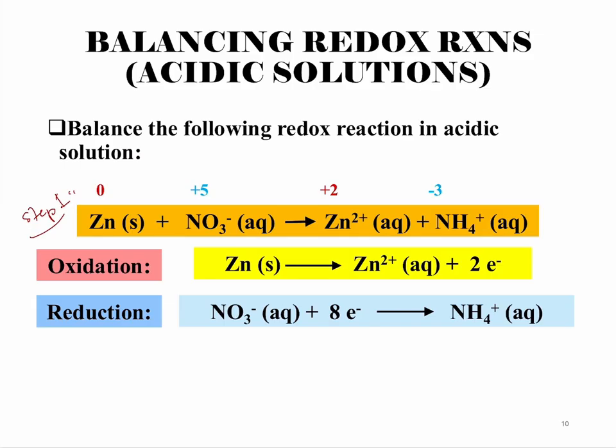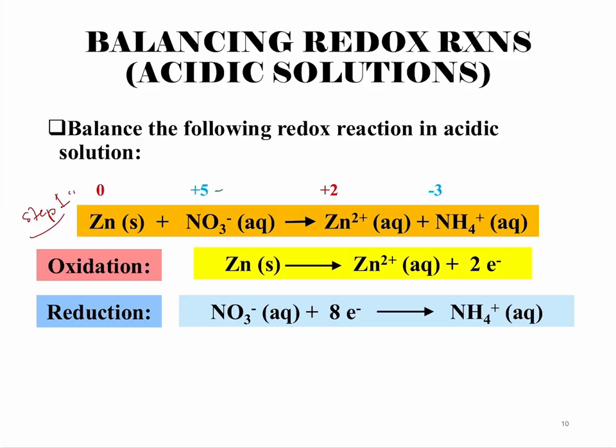Yeah, it's in the solid state. It's a lone metal atom, right? So that's going to be neutral charge. Nitrogen is +5 in this nitrate ion. Why is it +5? What's the charge from 3 oxygens?